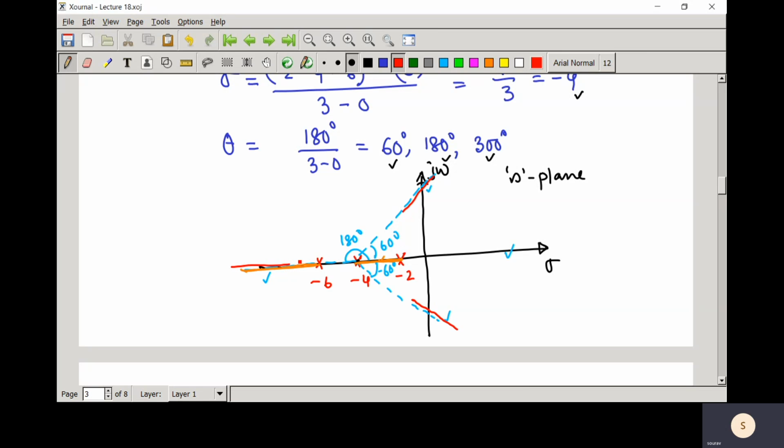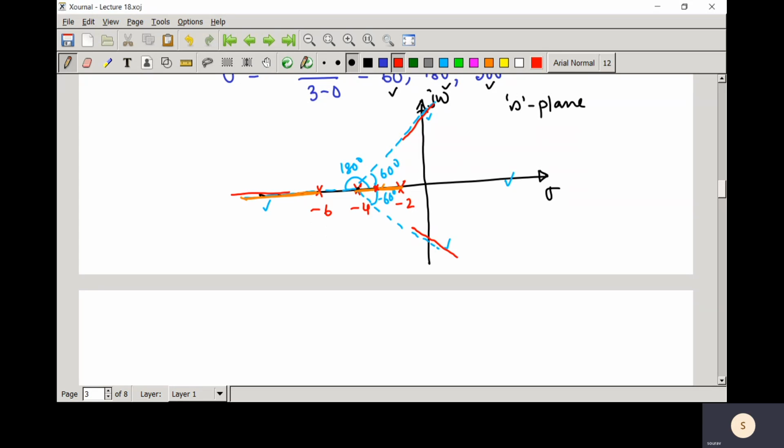That direction we have understood, but at which location the closed loop poles would diverge from the real axis, that we need to calculate. So let us see. That is rule 5.